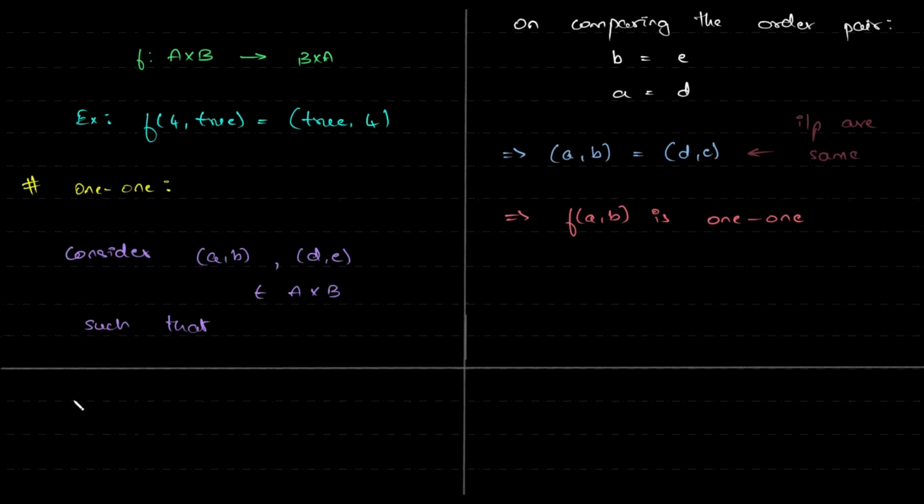Now next is onto. How should we talk about onto? So it has to do with all the possible values in the codomain. So let's consider B comma A that belongs to the Cartesian product between B and A. It represents arbitrary values at the codomain.